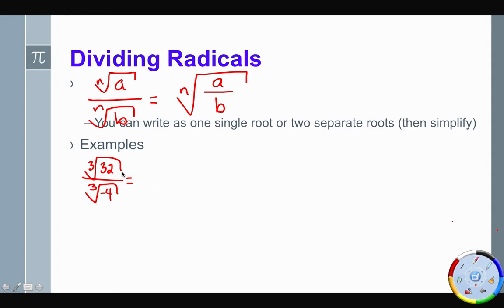Now, because this is a cube root, it's okay to use the negative because that's a real answer. Now, I can't simplify 32 or 4, but if we were to take the cube root of that fraction, we know that 32 divided by -4 is a -8. So if we took the cube root of -8, we know that to be a nice number 2.